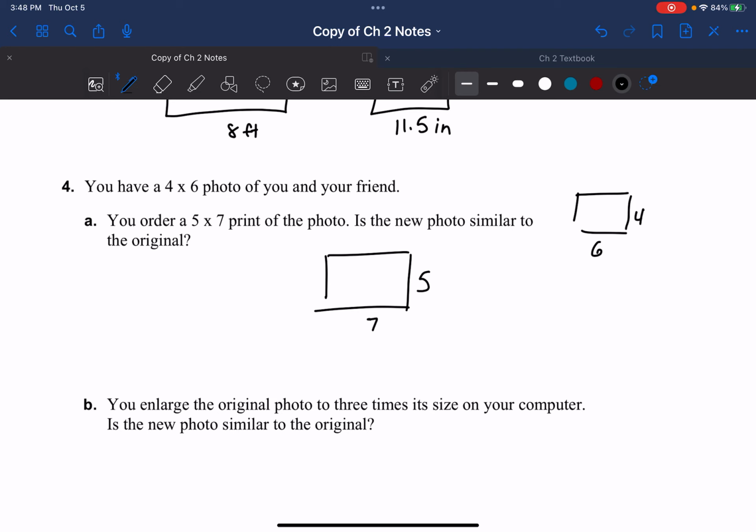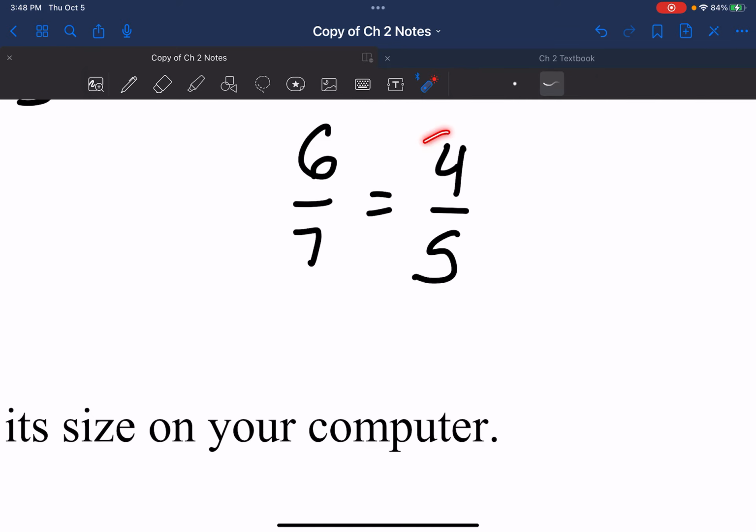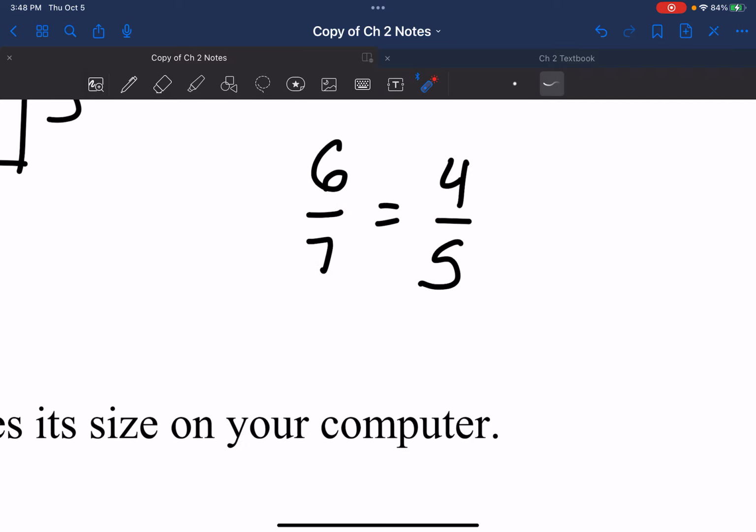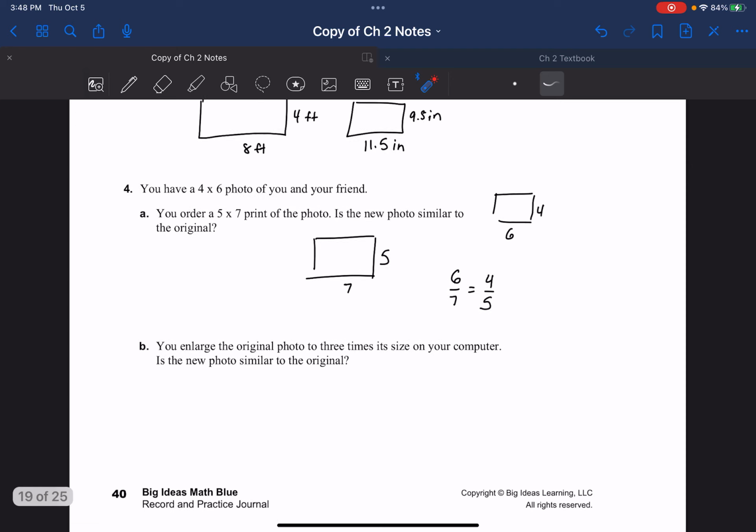For example, I'll set this up with you. 6 is to 7, as 4 is to 5. You can use cross products by timesing these two and seeing what it equals, and timesing these two and seeing what it equals. If they equal the same number, then they are proportional. If they don't equal the same number, they are not proportional.